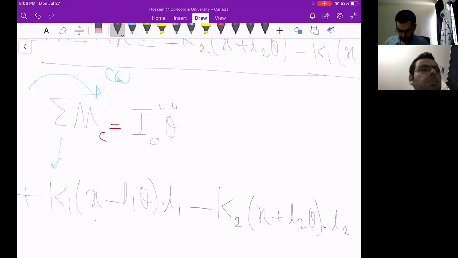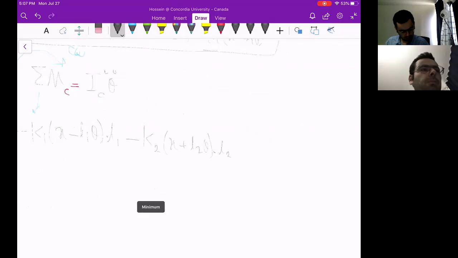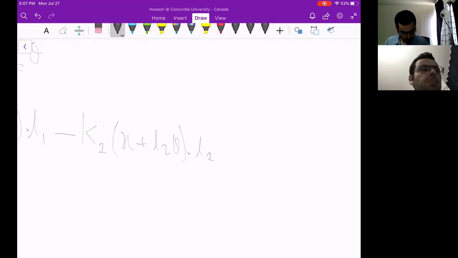If I further simplify the two equations, I see theta double dot.